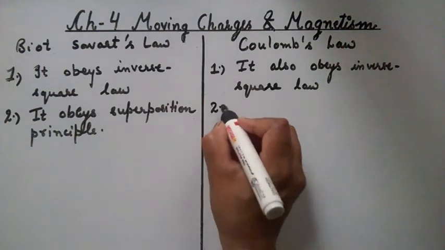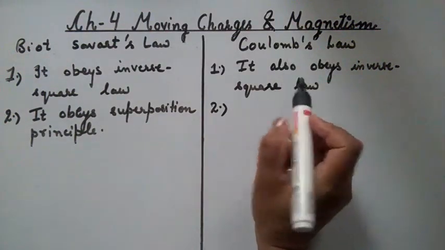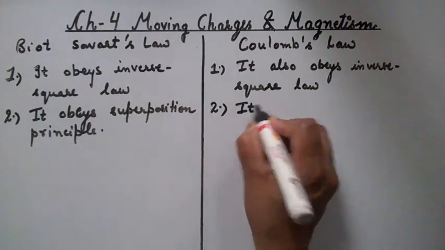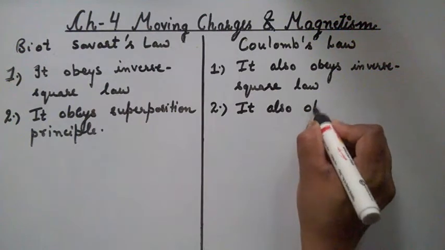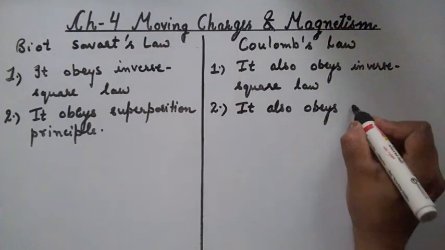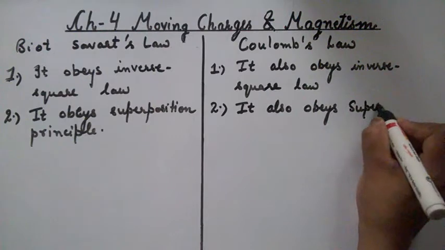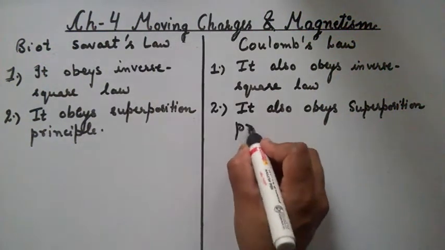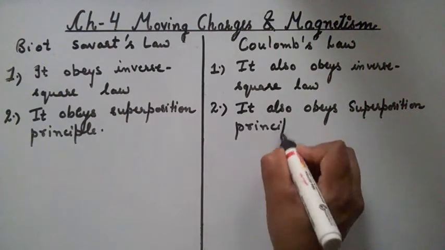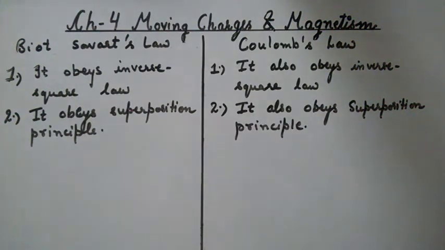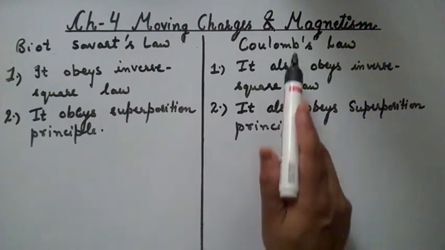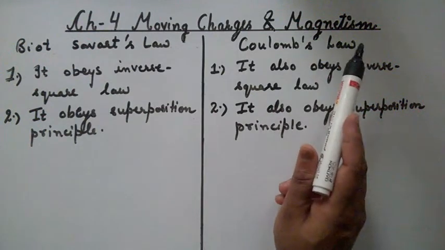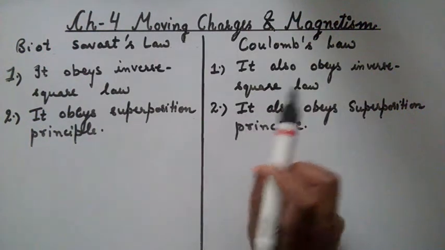Similarly, Coulomb's law also obeys the superposition principle. The electric field or force at a particular point is the vector sum of each individual source or force.